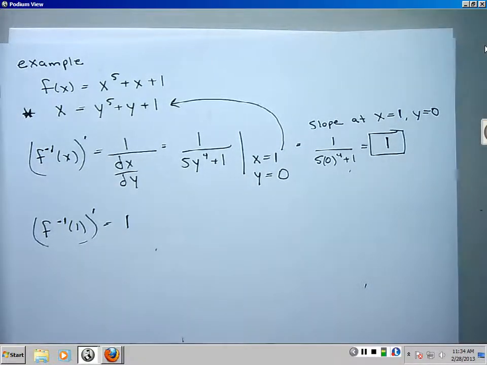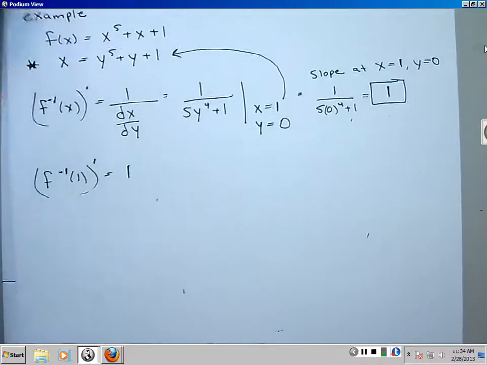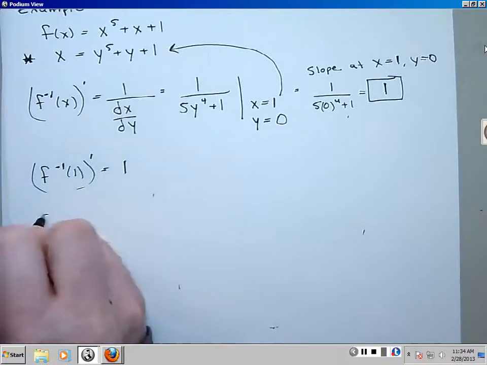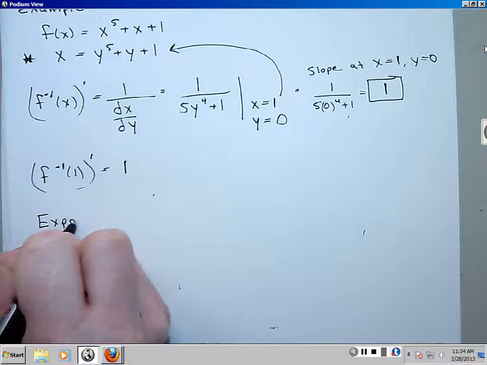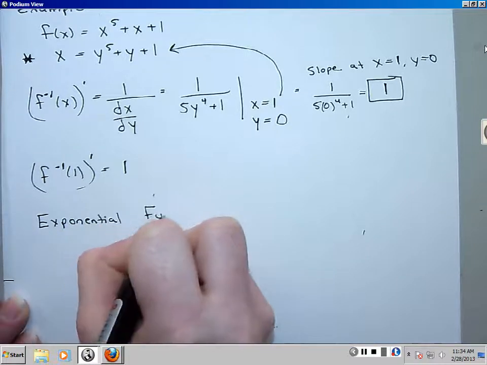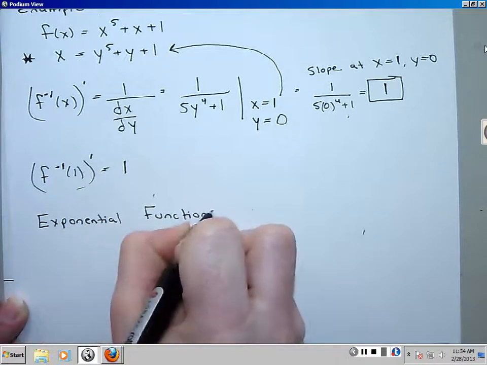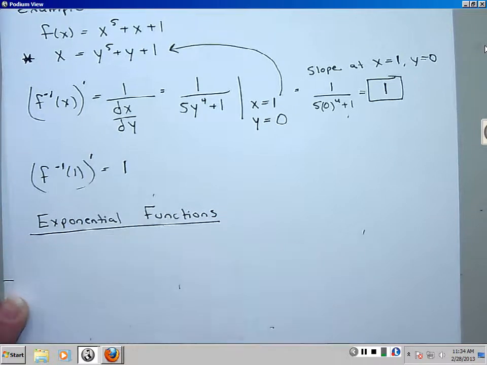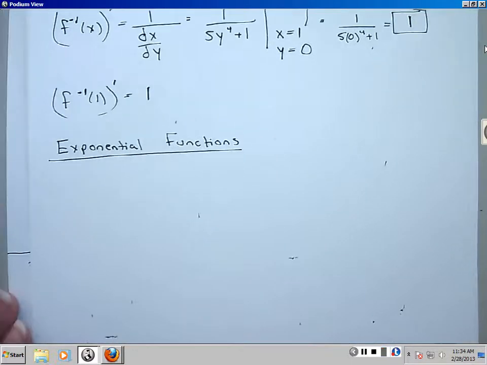Okay, so the next thing we're going to look at is the exponential functions. Your book shows this by doing the same trick.